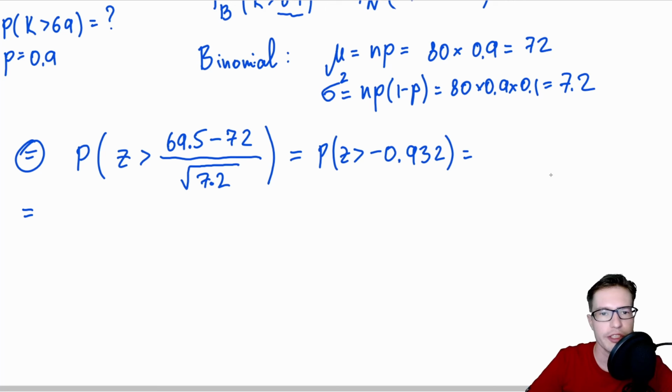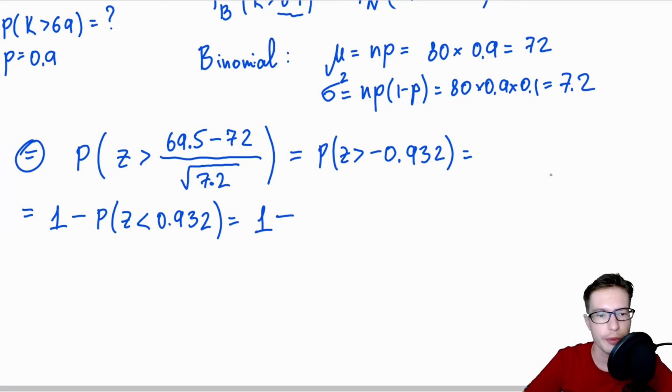Now we have to remember that the table for the normal distribution shows us the probability of z being less than some positive value. So we'll have to change our probability into 1 minus the probability of z being less than a positive 0.932. And when I searched for the probability of z being less than 0.932 in the table, I found that is 0.8243.